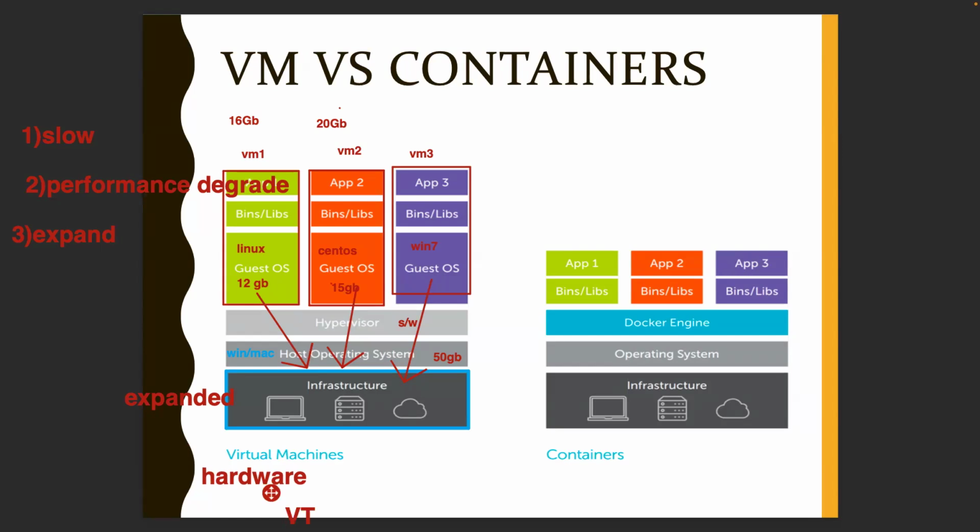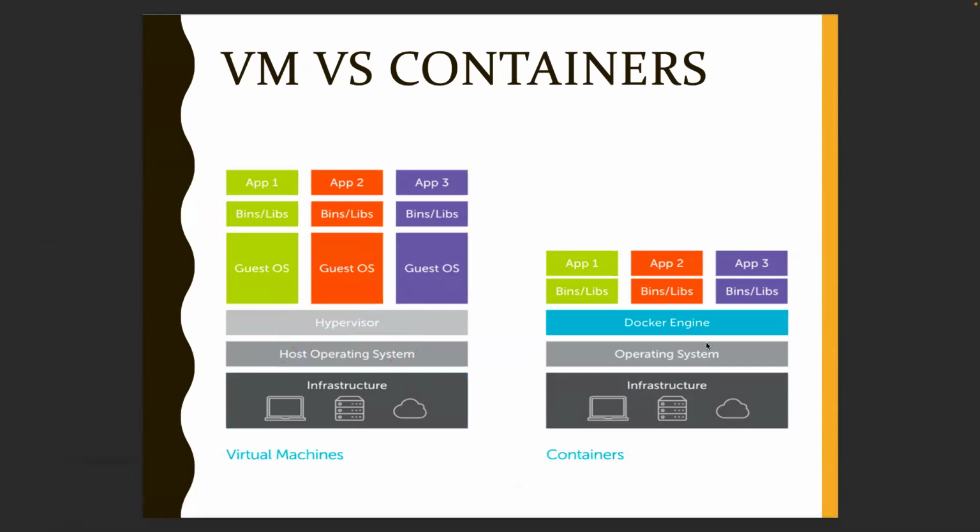Of course, it comes enabled by default. If not, you have to enable it. The whole point here is your hardware should support running the VMs. Virtualization is happening at the hardware.